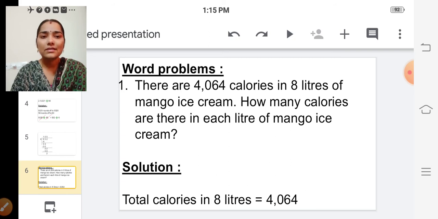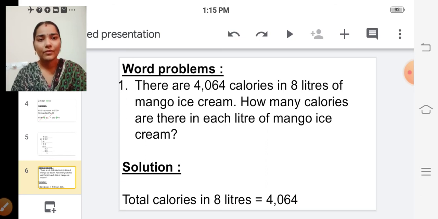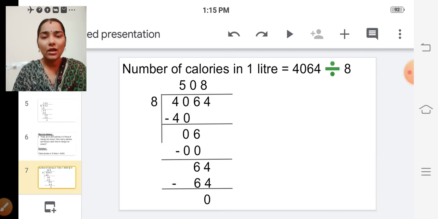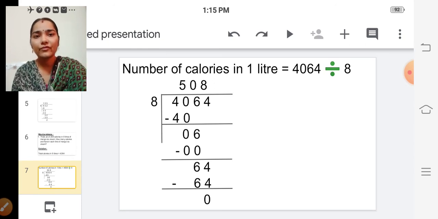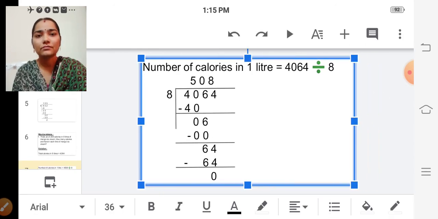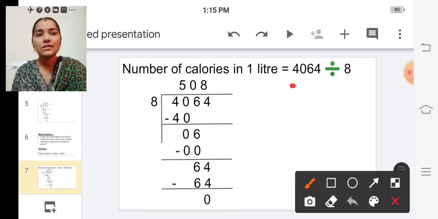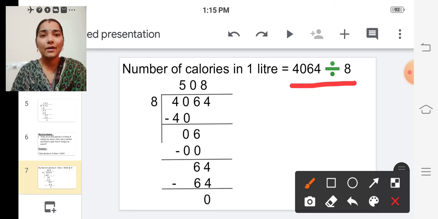Total calories in 8 liters is equal to 4064. What we have to find out is the number of calories in 1 liter. For that we have to divide 4064 by 8.